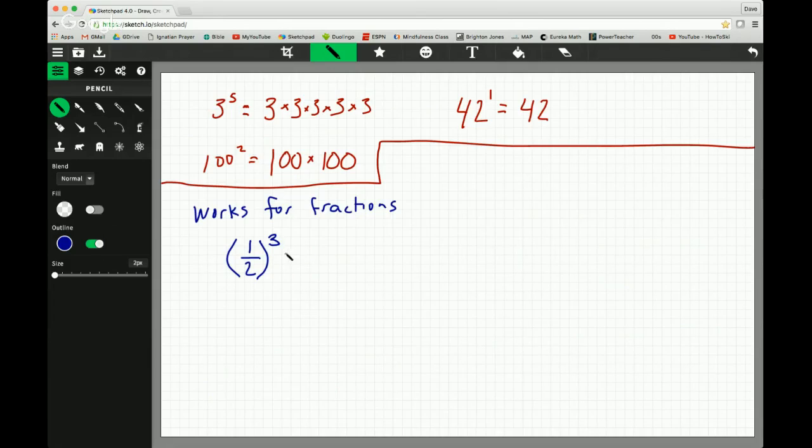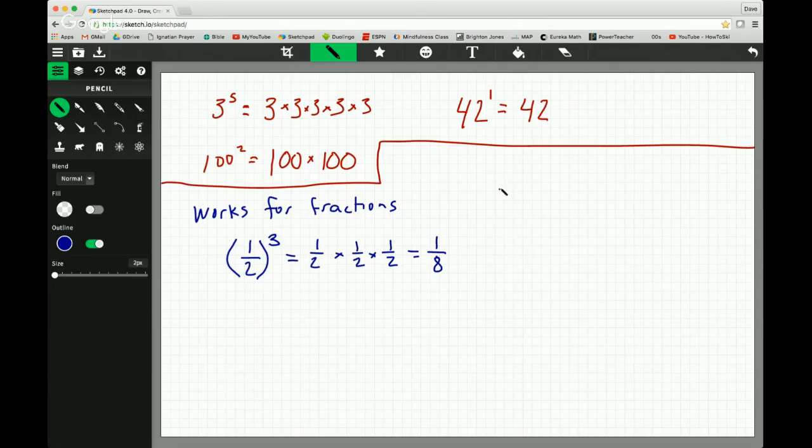That we're talking about 1/2 to the 3rd power. So that would just be, let's see if you can figure it out. You can pause, think about it, but it's 1/2 times 1/2 times 1/2. And that, if we remember back to our 7th grade math, is 1/8. Right? You multiply your numerators and you multiply your denominators and you come up with your answer.